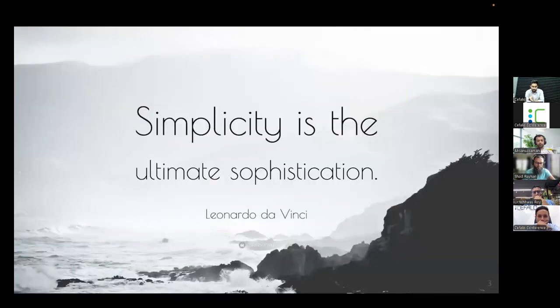There is a very famous person named Leonardo da Vinci. He has a very famous quote: simplicity is the ultimate sophistication. It's very much true, because the ultimate goal of any system is to be as simple as it can be. So this is our ultimate goal.